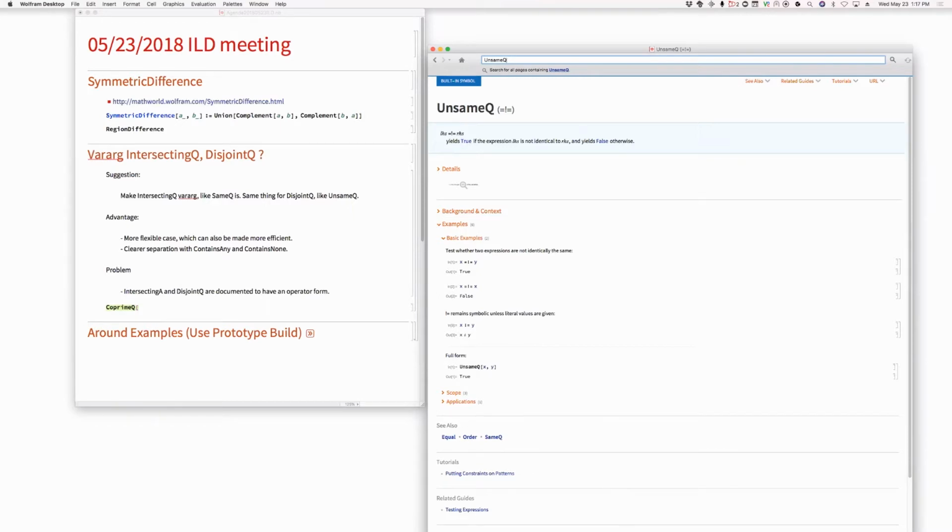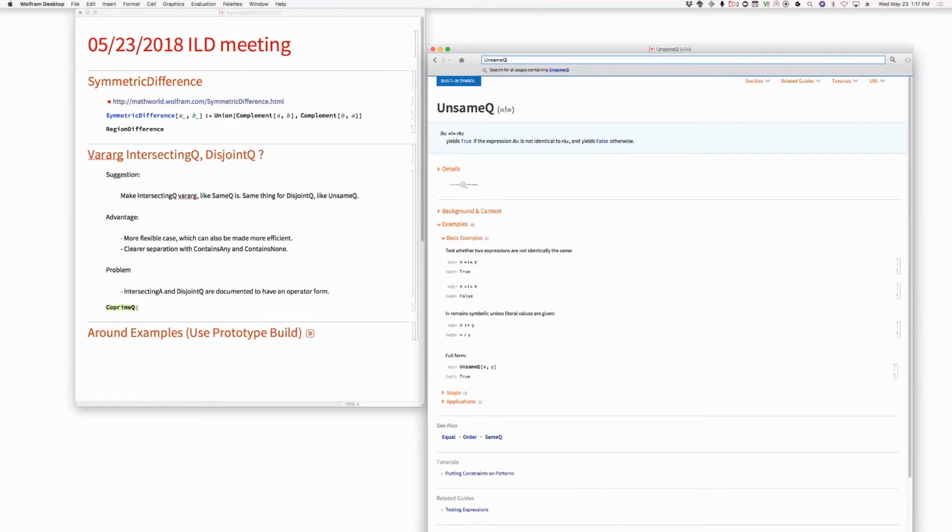So I think that this follows very well same Q and unsame Q. Unsame Q has the feature that no two are the same, in all possible n squared pairings, correct? Right. They have to be all really different.